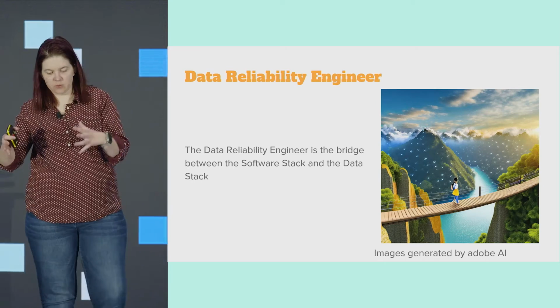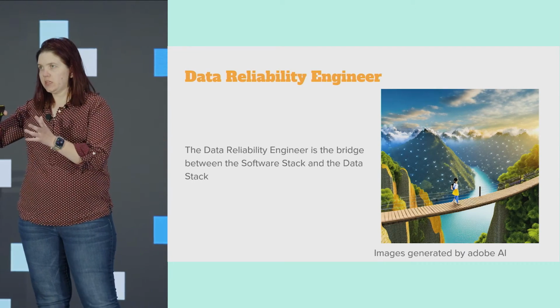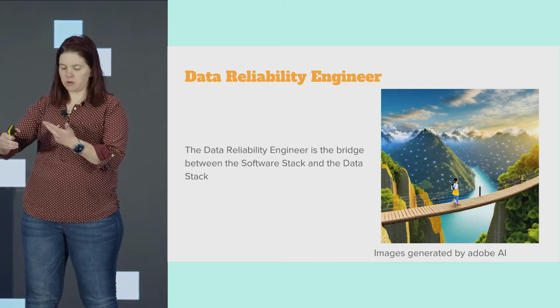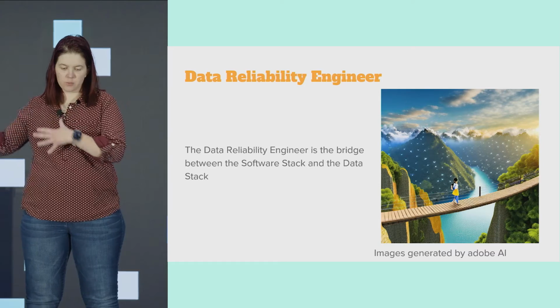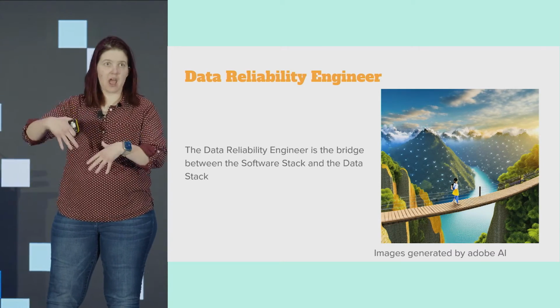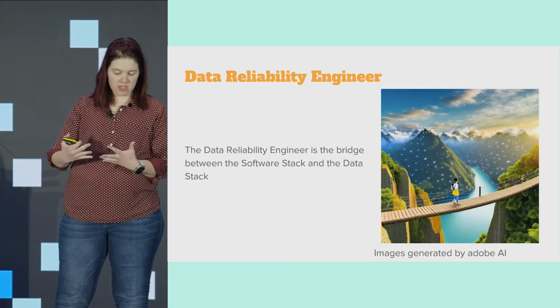I see the data reliability engineer as somebody who's taking a lot of the tools that are helping software, SRE, infrastructure, and bringing that over to the data space. They're making it so that we don't have the steep cavern between the uptime in software and the uptime in data reliability, and we're making things work together.